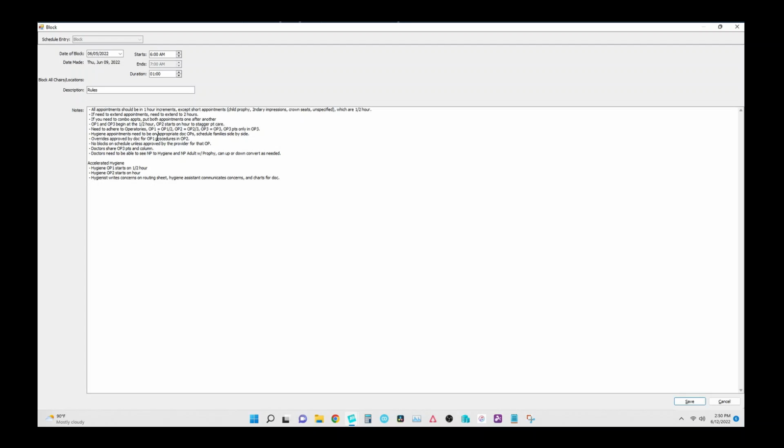So, okay. Another thing that we've run into is doctors getting super stressed out when there's two root canals side by side. So if you are going to put an OP1 procedure into OP2, especially the larger ones like root canals, crown preps, things like that, you need to have the notation of the doctor override.